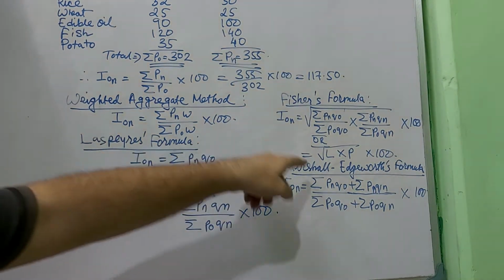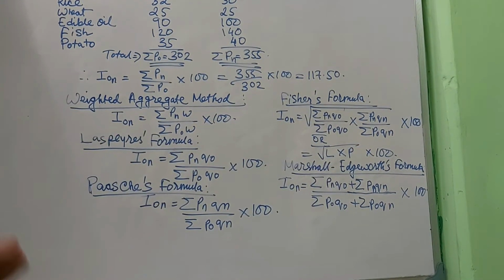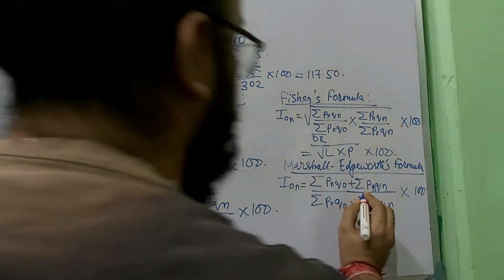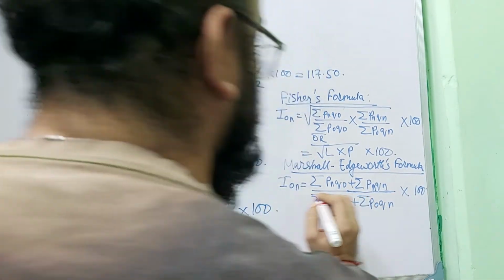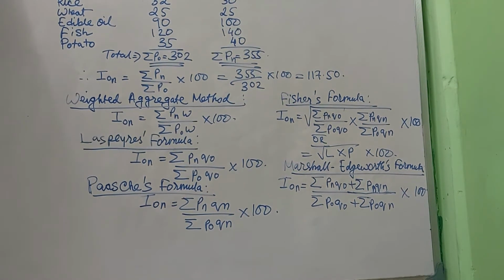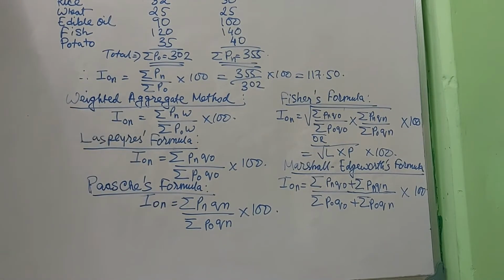Only the plus differs from the previous one, where it was a multiplication. This is the fourth formula of the weighted aggregate method.